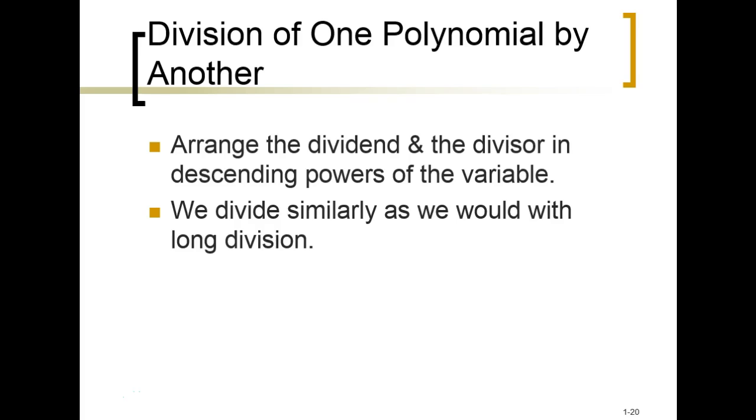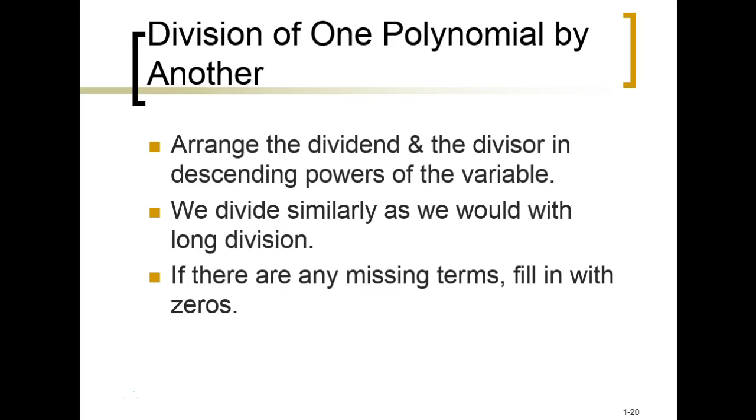And we are going to do division similar to what we would do with long division, the type that you did way back in grade school. If there are any missing terms, then fill them in with zeros. They're kind of like placeholders, so we do need them there as placeholders. I'll show you what I mean when we get to the example.